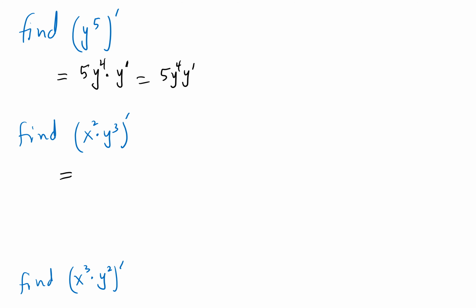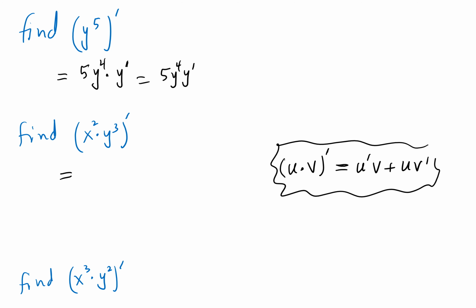I see a product of two functions, so that reminds me of the product rule. To recall, the product rule says if you have u times v, the derivative for that is u prime v plus u v prime. So here is x squared derivative times y cubed plus x squared times the derivative of y cubed.